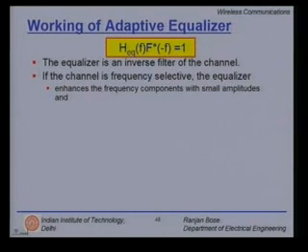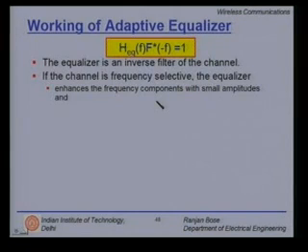So, we realize that the equalizer is in fact an inverse filter of the channel, but in the absence of noise. So, clearly if noise is present, there will be some predictive error which you cannot remove completely. If the channel is frequency selective, what does the equalizer do?